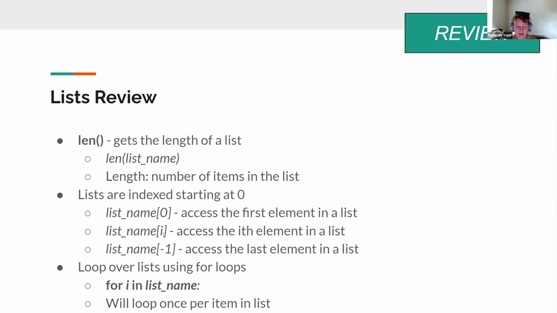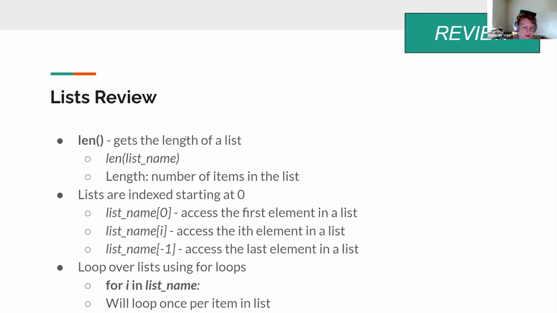So if you want to access the second element in a list, you would say list name brackets 1, because we start counting at 0. So technically the first element is 0, the second element is 1, and so on. And then just as a little tidbit, you can access the very last element in a list by putting -1 inside of those brackets. That's just a little Python trick that you can do.